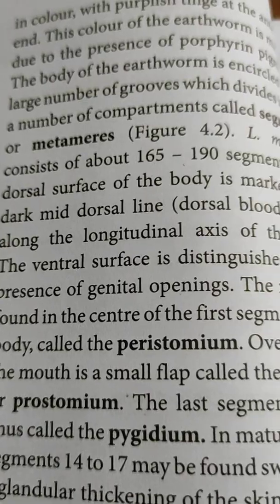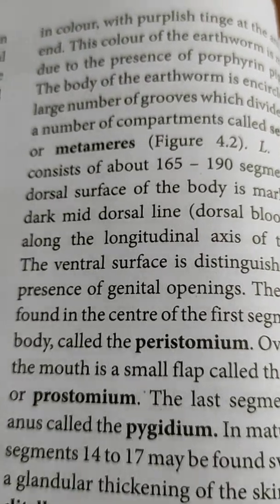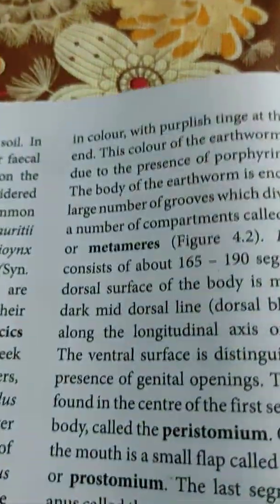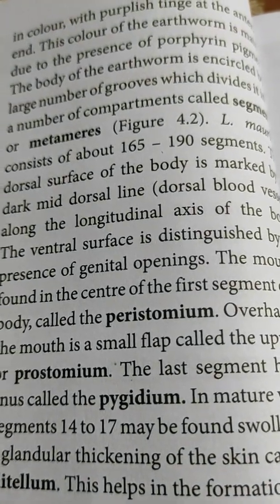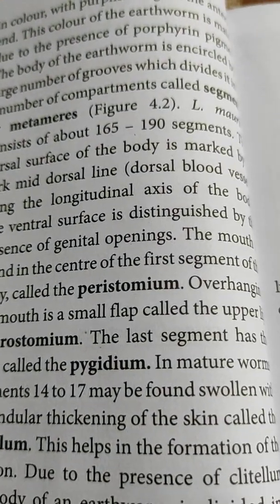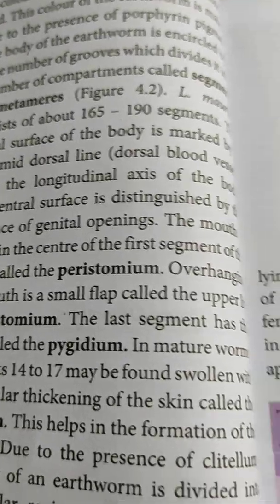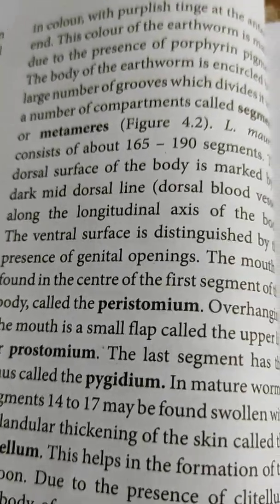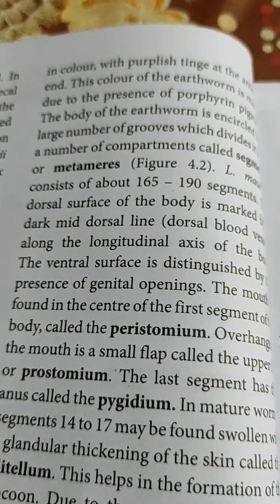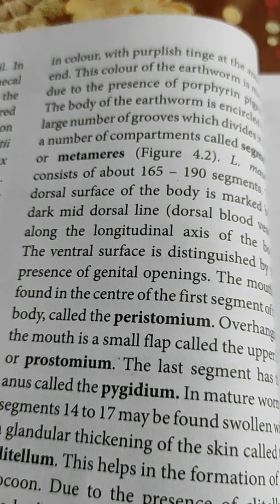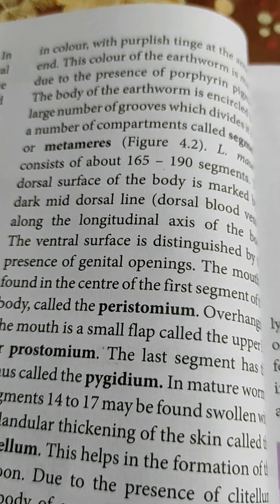The dorsal surface of the body is marked by a dark mid-dorsal line, a dorsal blood vessel along the longitudinal axis of the body. The ventral side is distinguished by the presence of genital openings. The mouth is found in the center of the first segment, which is called the peristomium.